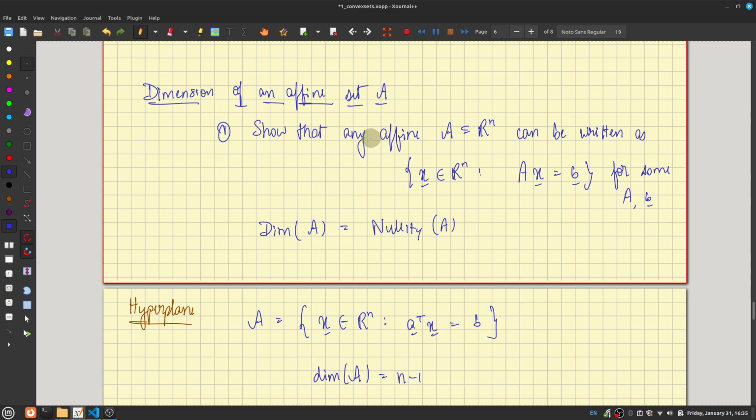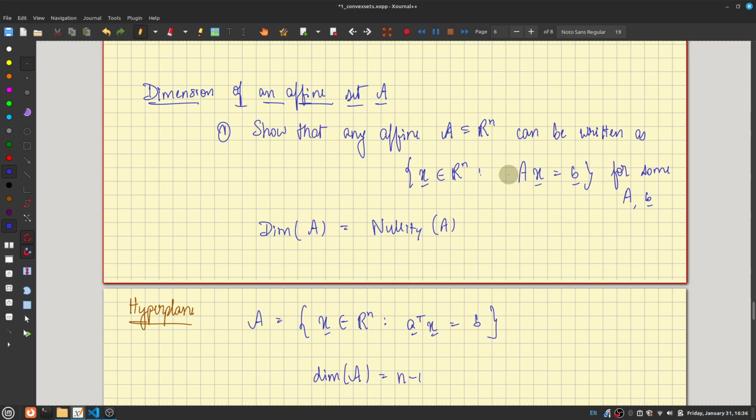My claim is that every affine set can be written as the solution space of a system of linear equations, right? Now this representation may not be unique. I could find different A and B for which this set A can be written in this particular form. But no matter which representation I choose, the nullity of A will always remain the same.